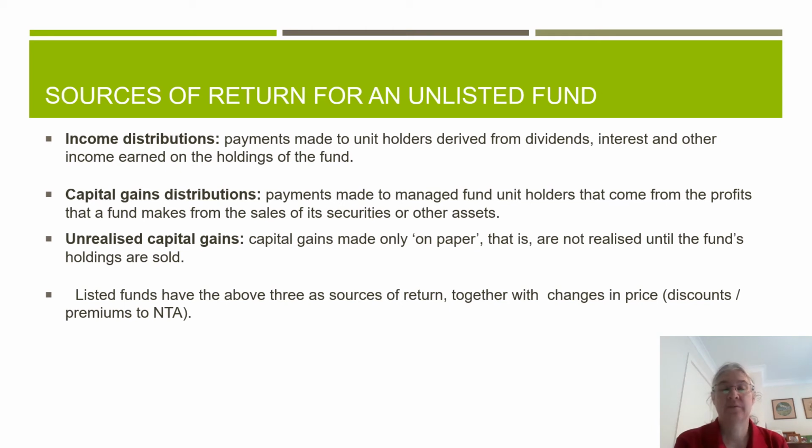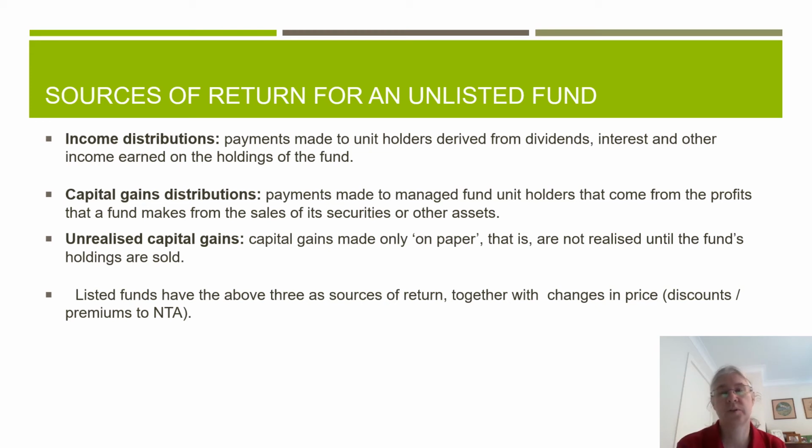How does an unlisted fund have earnings? So they get income, they have dividends, interest and other income that they earn from their holdings, so from their shares or their assets, and they pay this to unit holders. They also have capital gains, so if they sell their shares or other assets at capital gains, they can distribute this to the unit holders.